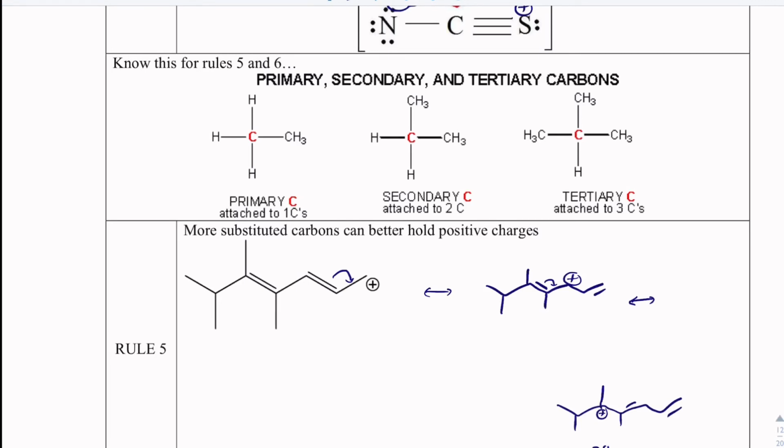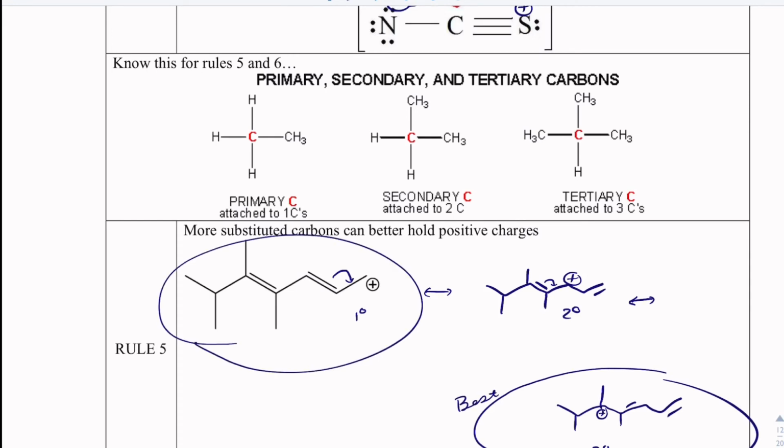We get tertiary, secondary, primary. This one is best. And then this one is worst. Okay, because the rule is more substituted carbons can better hold positive charges.